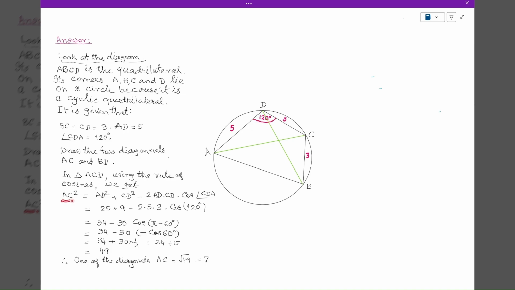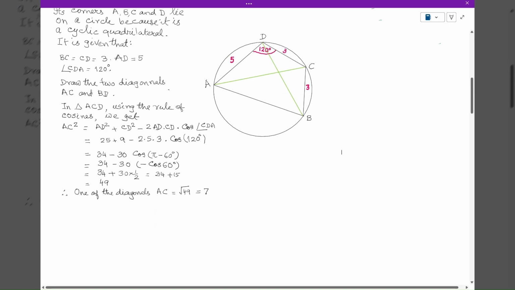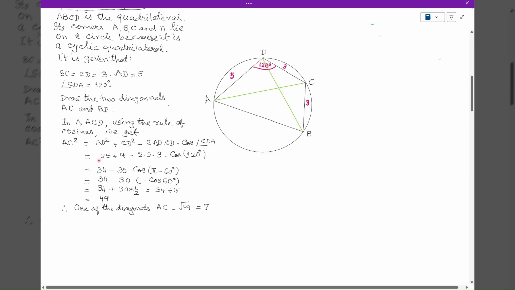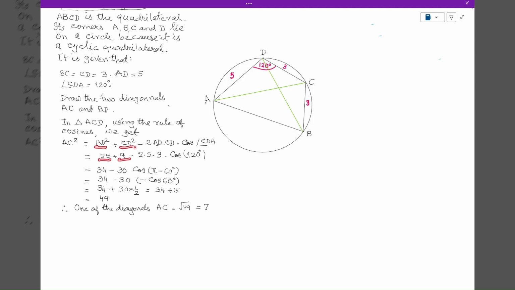So AC square is equal to AD square plus CD square minus 2 AD multiplied by CD multiplied by cosine of angle CDA, which is equal to 25, AD being 5, plus 9, CD being 3, minus 2 into 5 into 3 and cosine of 120 degrees. Now that is equal to 25 plus 9, which is 34.